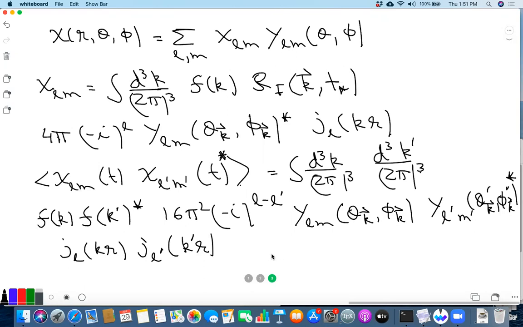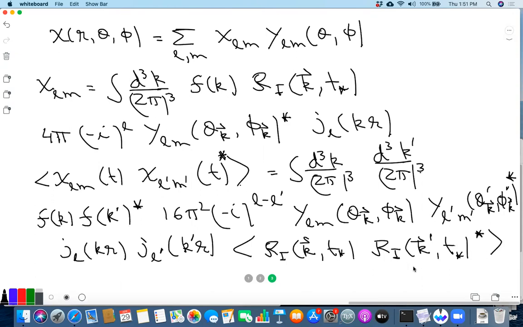And then we have the 2-point function of Ri k T star, Ri k prime T star, but that is because Ri in position space was a real variable. This is just Ri of minus k prime T star, because Ri is real in position space.